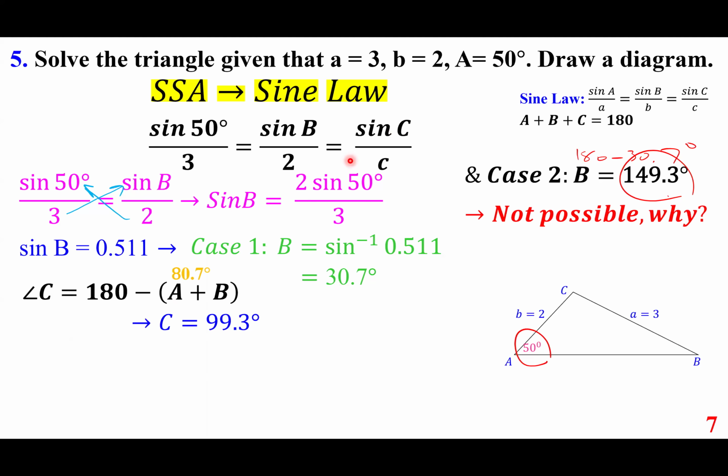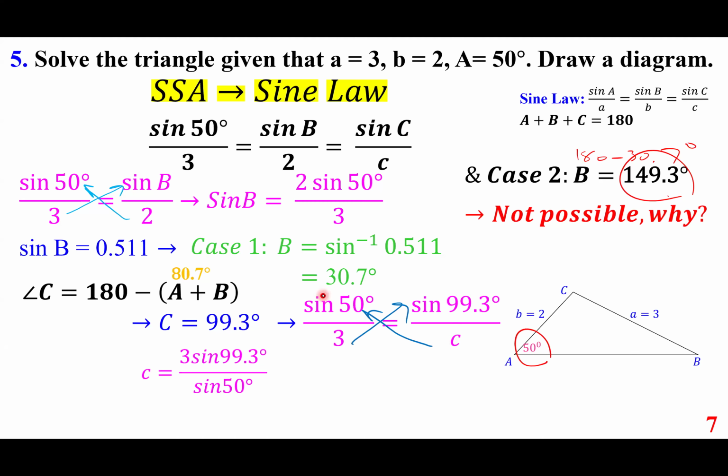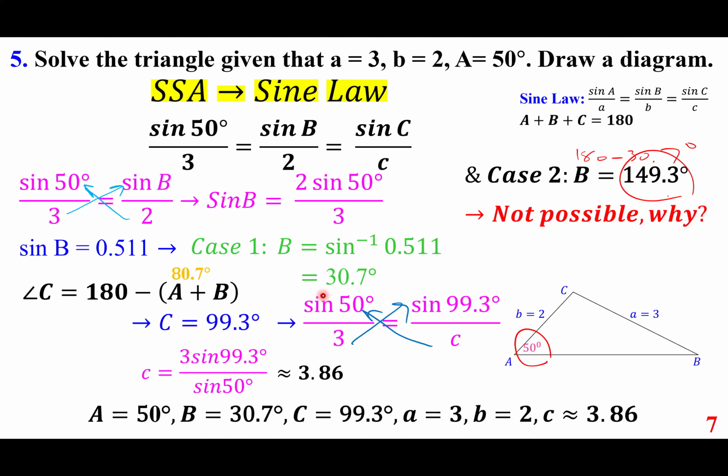So right here now, we have sine of 99.3. And so cross product tells us C is the product of these two divided by sine of 50. 3.86, and we summarize our findings.